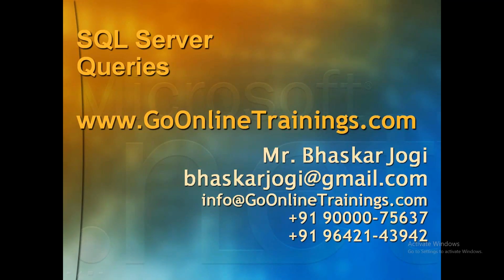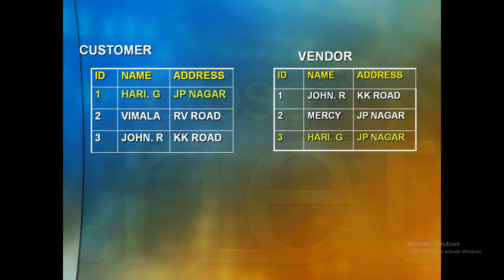Now, I wanted to tell you there is a customer table and there is a vendor table. I have two tables: ID, name, address, and ID, name, address, and I have some data. These two are independent tables. That means no primary key and foreign key relationship. Remember this point.